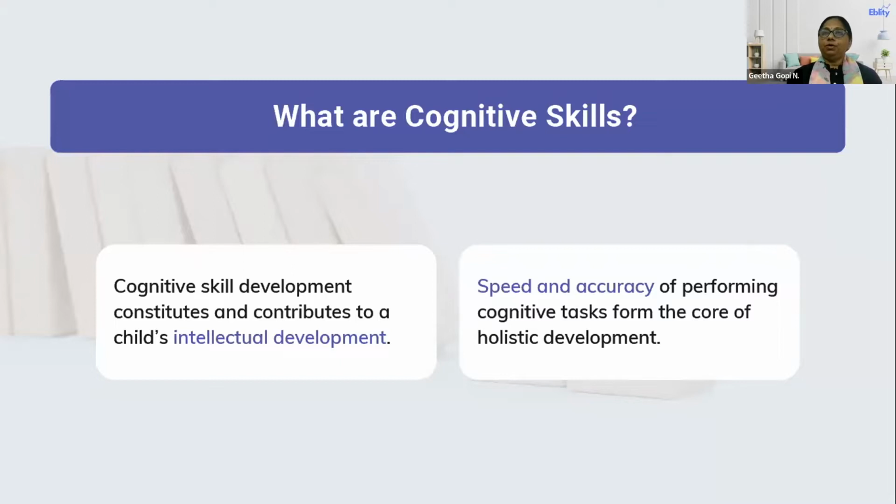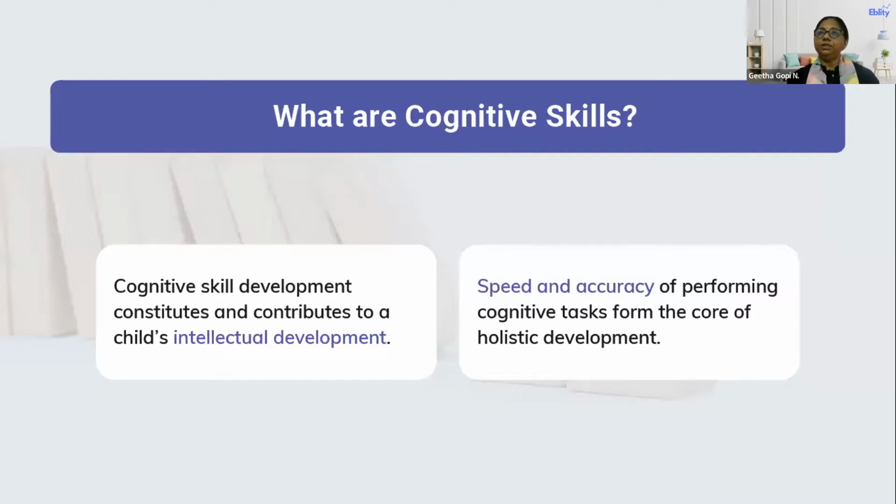And the core of cognitive skill performance depends on how fluent you are in this cognitive skill processing. Fluency means speed and accuracy. How quickly can you understand these things and reproduce them, or recall, or act upon them, and how accurately are you doing it?